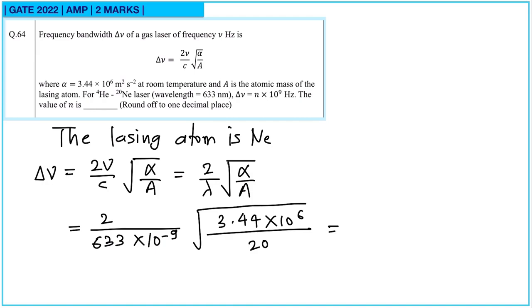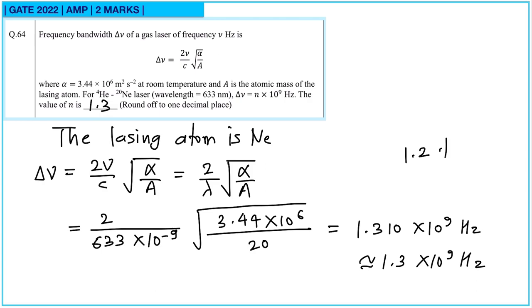Now this comes out to be 1.310 × 10^9 hertz. So the answer, rounding off to one decimal place, will be 1.3 × 10^9 hertz. And the answer given in the answer key is 1.2 to 1.4. So these were all the questions from the GATE 2022 paper.